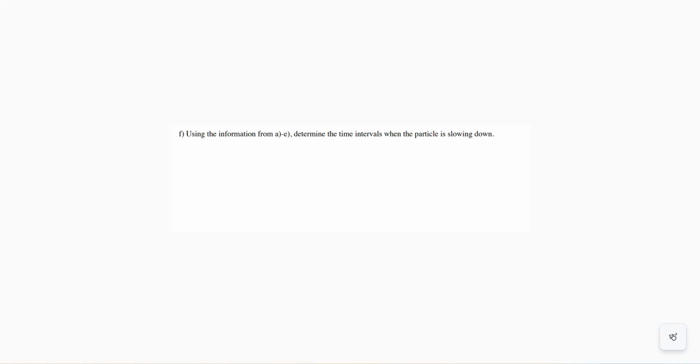All right, last question. Using the information from the questions that we did, determine the time intervals when the particle is slowing down. When the particle is slowing down, the velocity over time is positive and the acceleration must be negative.